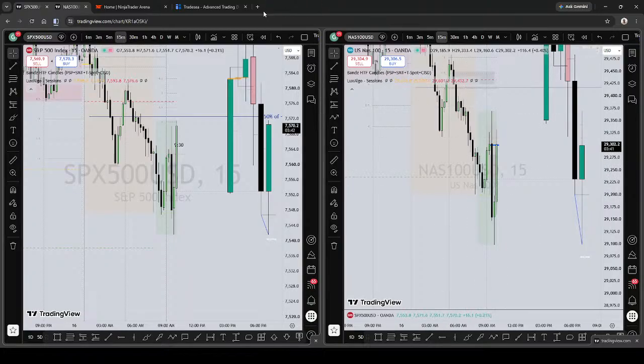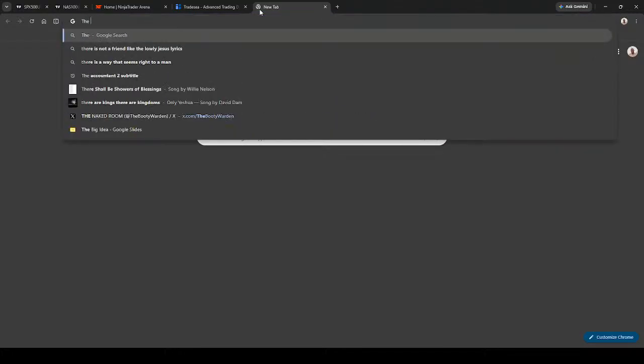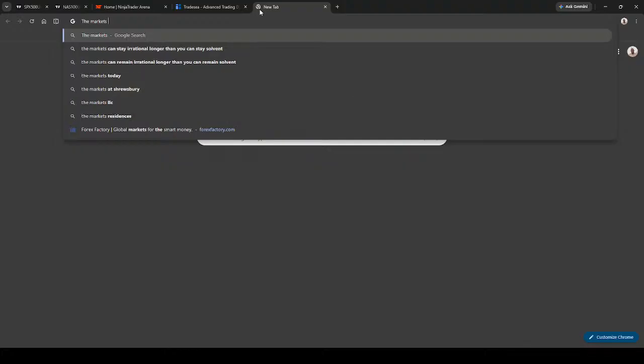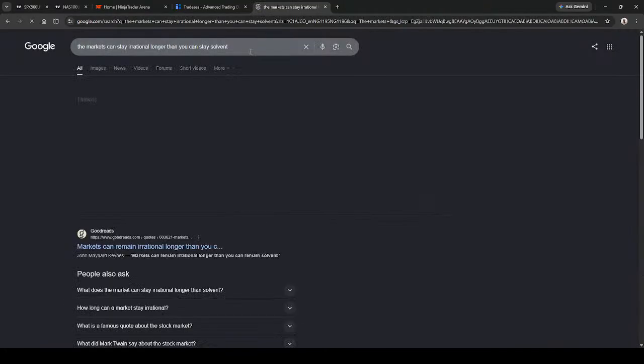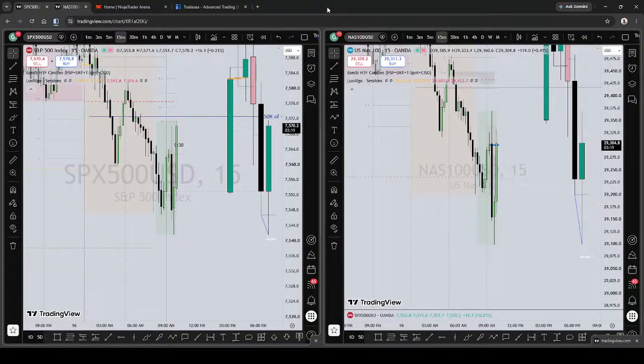I think that's the saying. Google search. I feel like Google listens to me, because how is that the first suggestion? So the market can stay irrational longer than you can stay solvent. So that's just what happened to me right here.